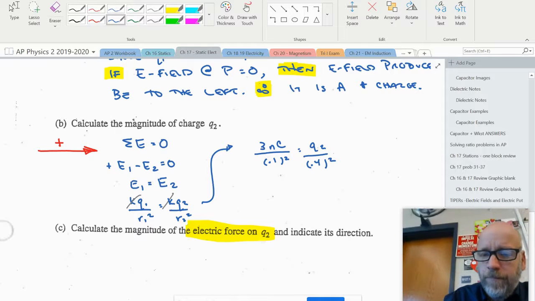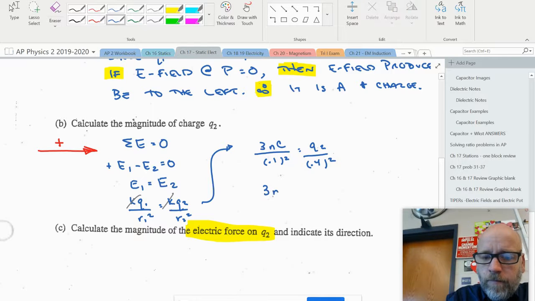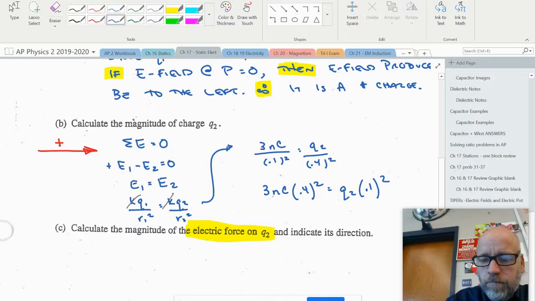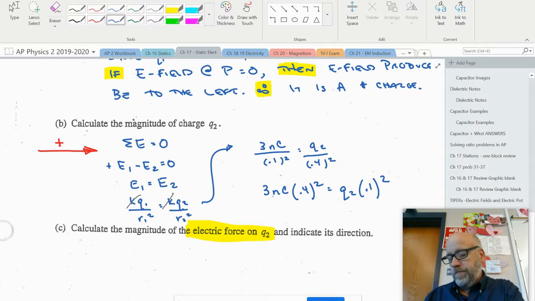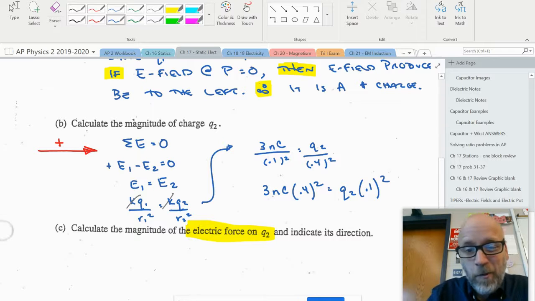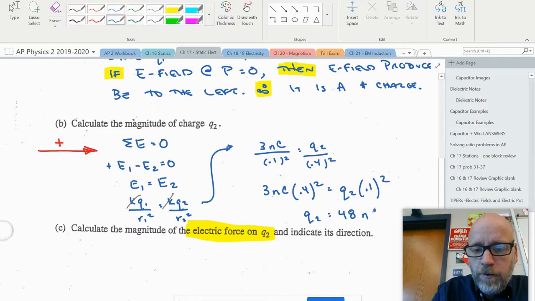And I'll be quiet for a moment. I almost did that in my head, and I likely would have made a mistake because of the squared, but I did the math out, and Q2 is equal to 48 nanocoulombs.